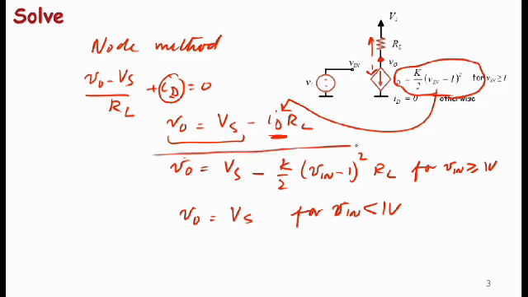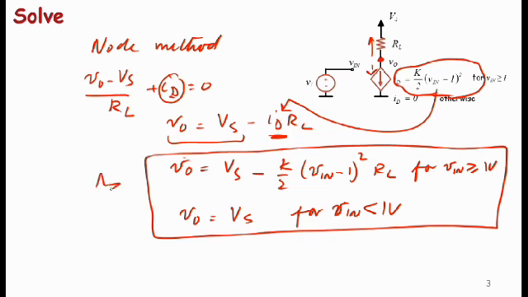Let me mark this down in a box because I am going to be using it, and just so we don't lose sight of it, let me put a little star around it. So we've done the quick analysis of this dependent source circuit, and I've obtained the V naught versus V in relation that I set out to find.